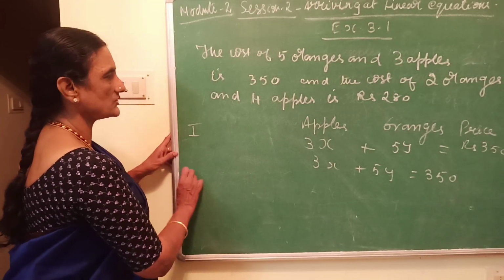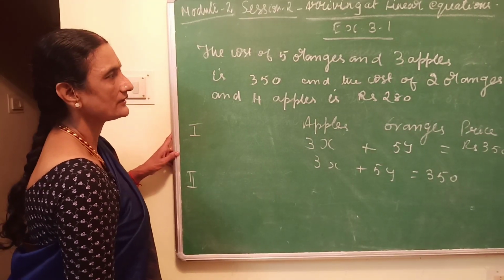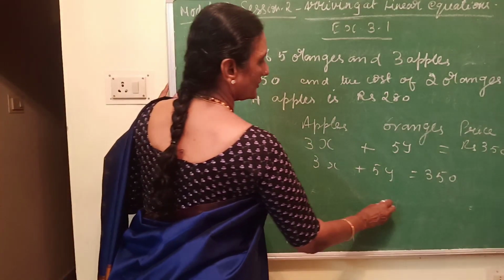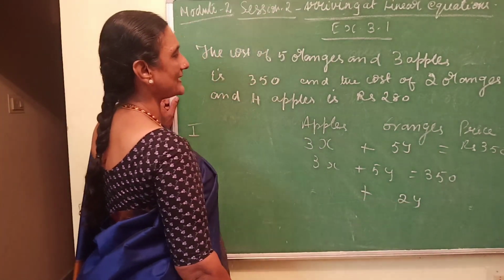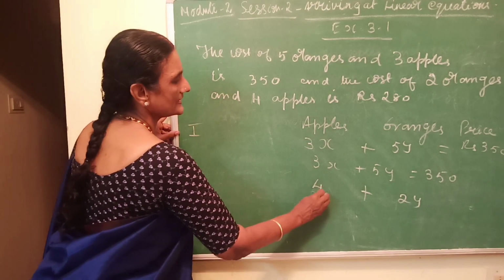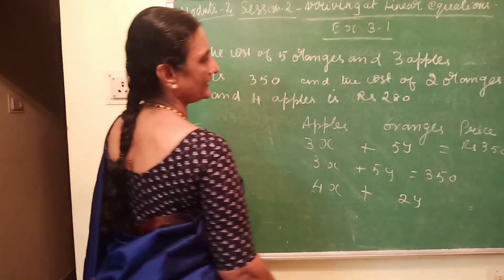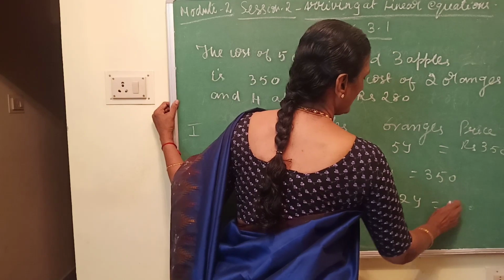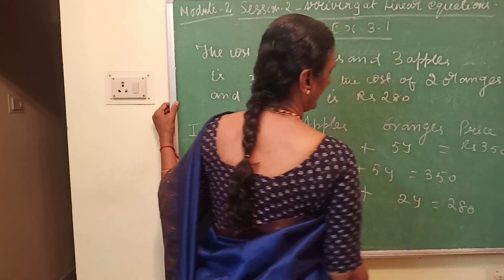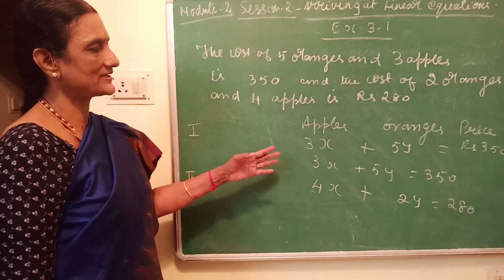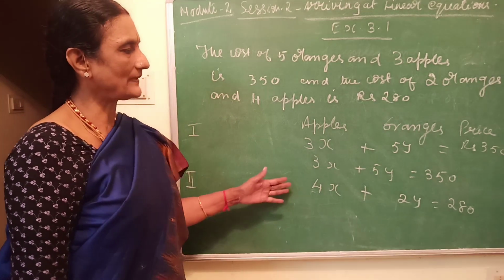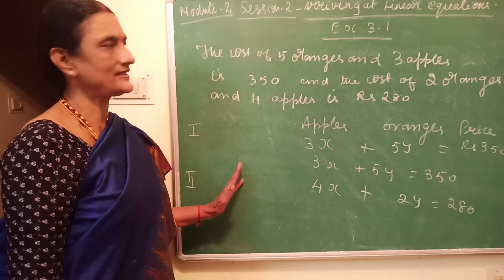In the second situation, I bought 2 oranges, so it is 2 into y. And how many apples did I buy? 4 apples. So what is the cost? It is rupees 280. So this is the second equation, 4x plus 2y is equal to 280.